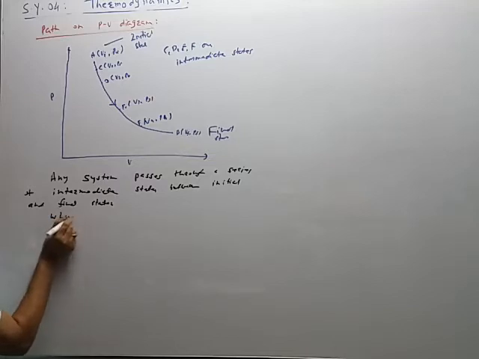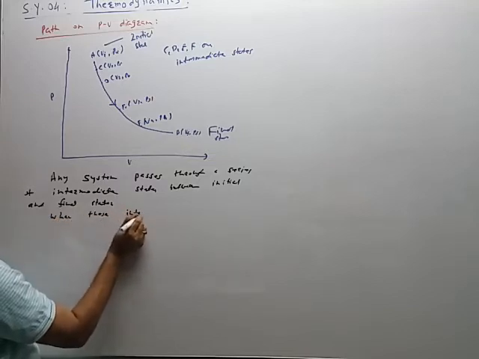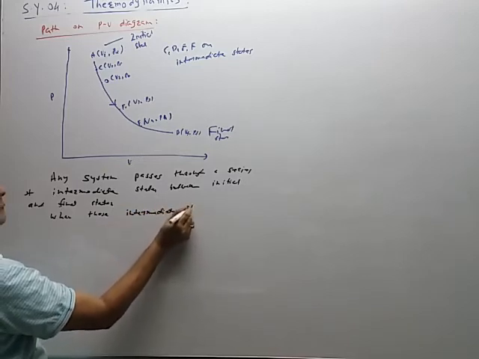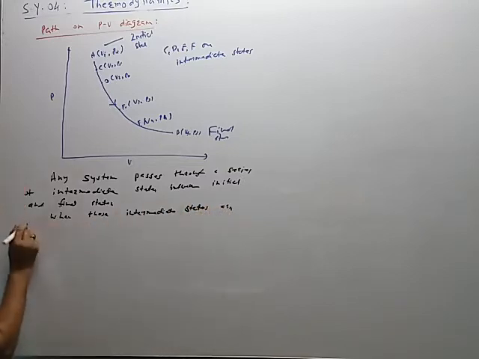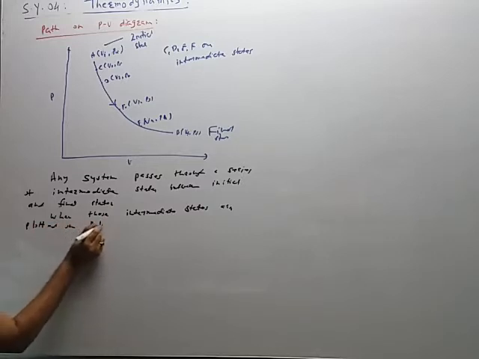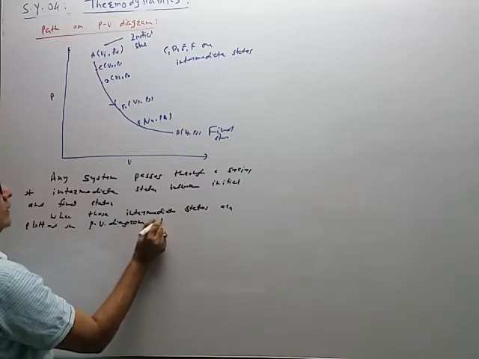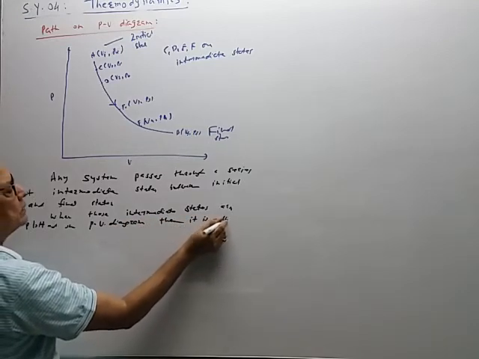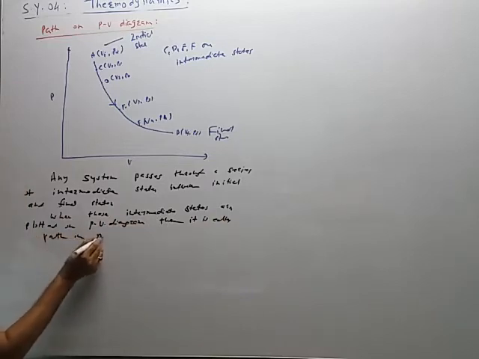When these intermediate states are plotted on the PV diagram, then it is called a path. Path on PV diagram.